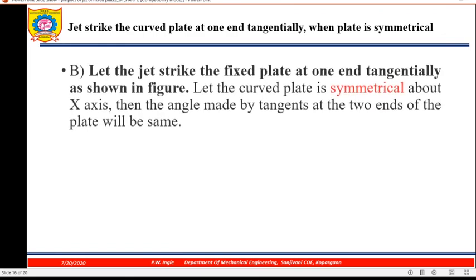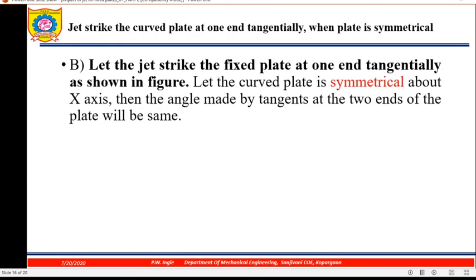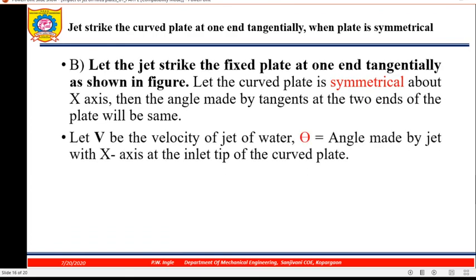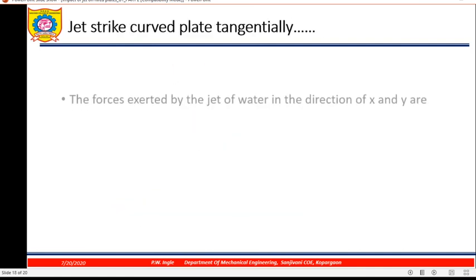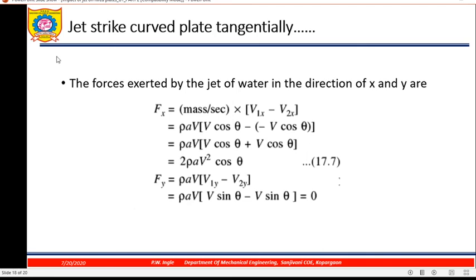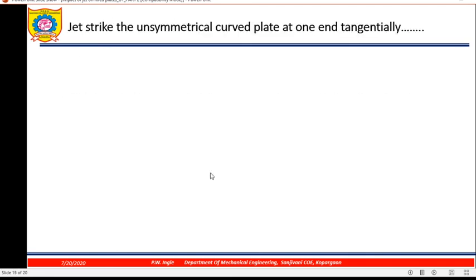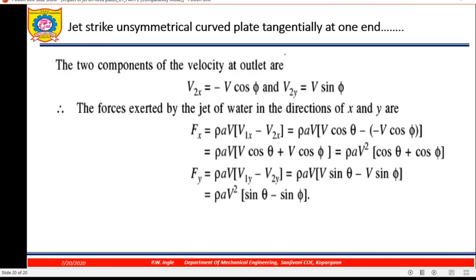When the jet strikes the curved plate at one end tangentially, the Fx equation is 2 rho a v square cos theta. And the equation for the force exerted when the plate is unsymmetrical is rho a v square times (cos theta plus cos phi).